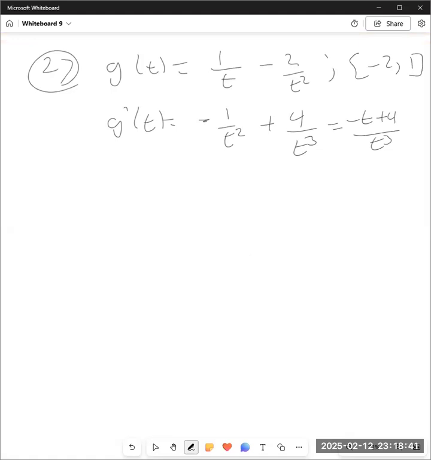And when I set that equal to 0, then I have -T plus 4 equals 0, -T equals -4, and T equals 4. T equals 4 is outside of my interval of -2 to 1, so I'm not interested in it. G of T at -2 and 1.